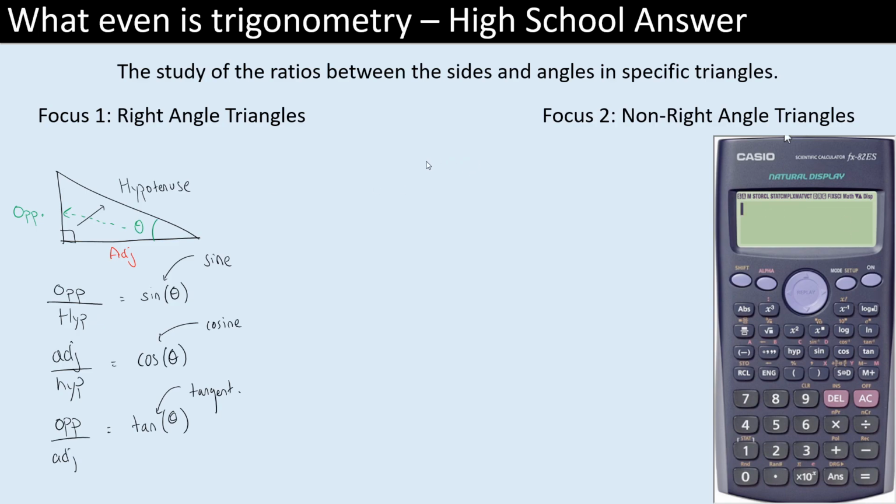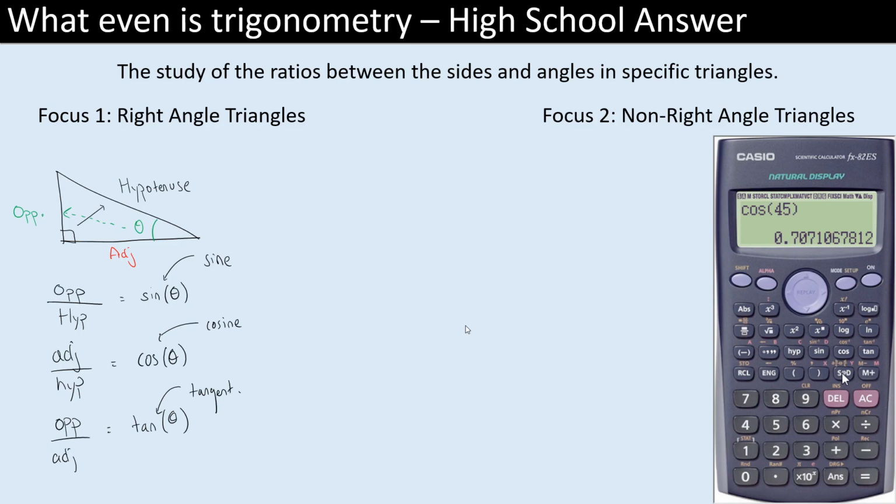What if we had cos of 45 degrees? So I know that this angle here was 45 degrees, and I wanted to know what my adjacent divided by my hypotenuse should give. Well, cos of 45 is √2 divided by 2, or 0.707.